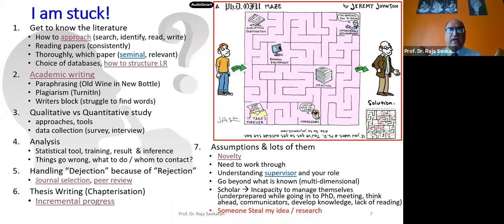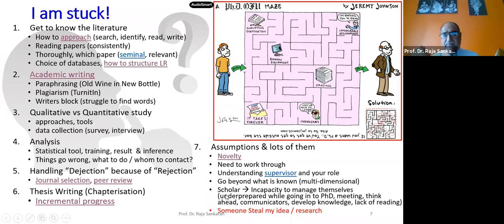So we have to look for other perspectives as well in order to understand which concepts, which models, which theories I need to use. So don't take a very narrow approach. Look for something which is much beyond what is known or what is within the domain.